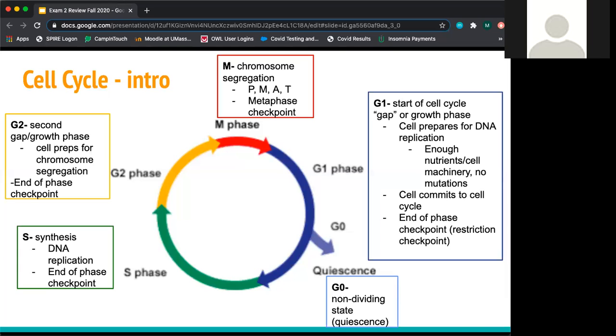G1 is the start of the cell cycle, and G stands for gap or growth phase. It prepares the DNA for replication, and it makes sure it has enough nutrients and machinery and no mutations so that it can go on to replicate the DNA. And at the end of G1, there is a checkpoint, the restriction point, which is really important.